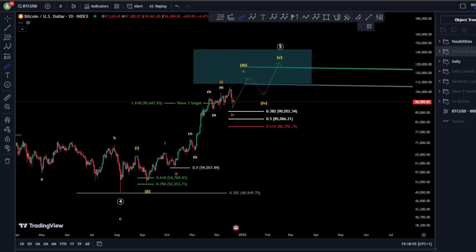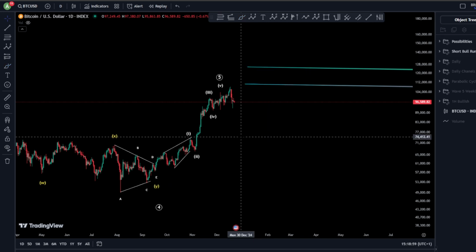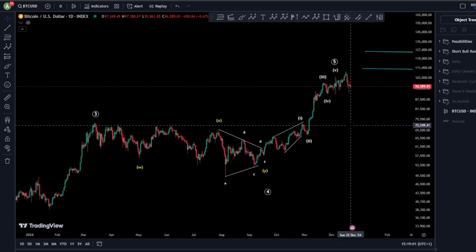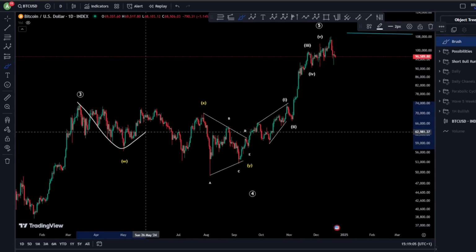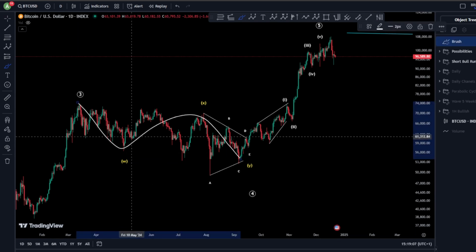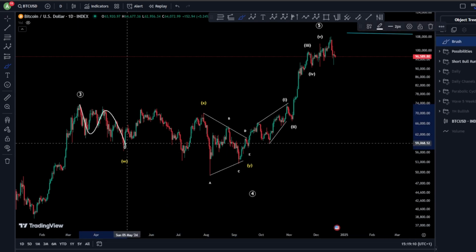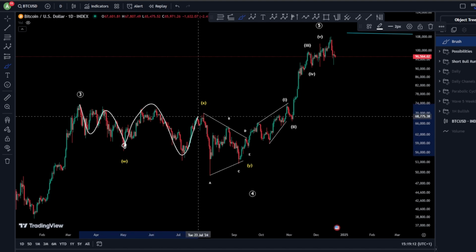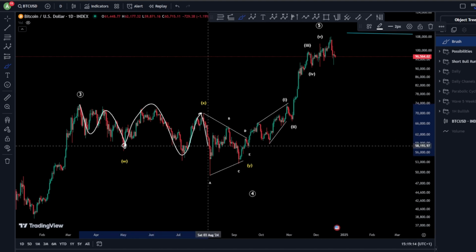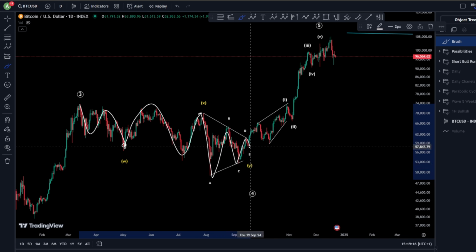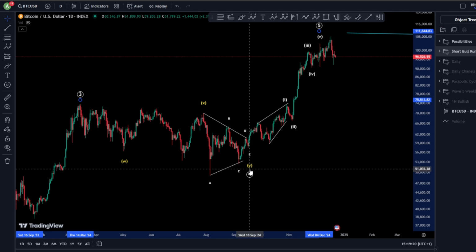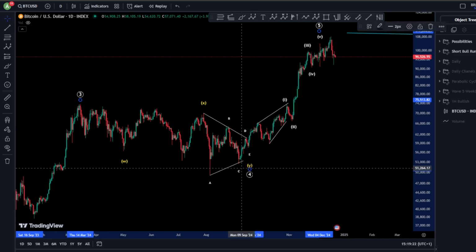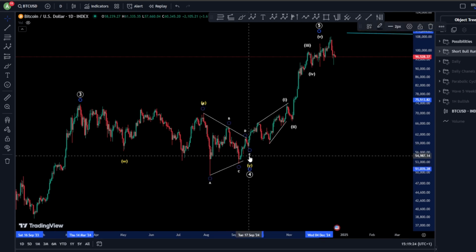Now, your second bearish scenario, which might be a finished bull run, as we said yesterday in the deep analysis, is that we might have here a longer WXY. This is a zigzag for W and another flat for your X, and A, B, C, D, E as a triangle for your wave Y. By all means, your wave 4 for this big impulse has finished exactly with the wave E here.